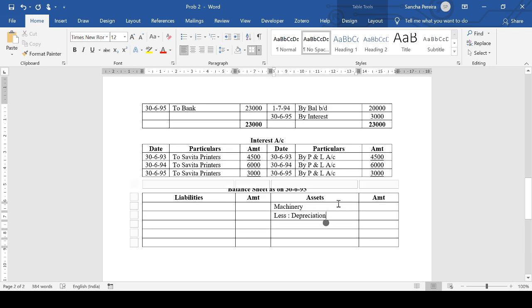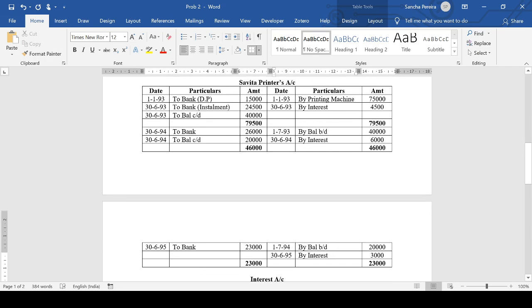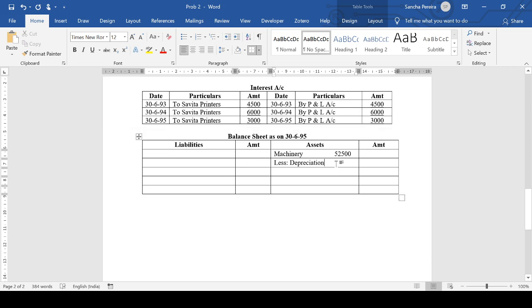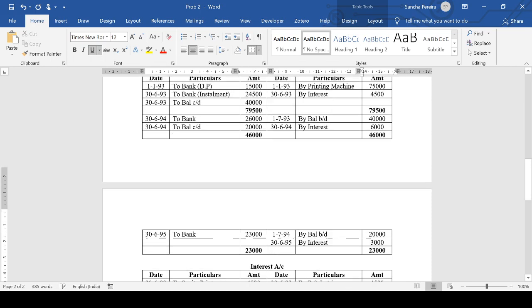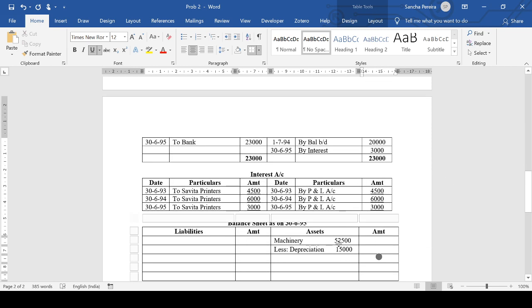So we're going to show here 52,500. And how much was the depreciation for that year? Depreciation was 15,000. So basically, the value of the machine at the end of 30th June 1995, we will get the same figure, 37,500. If you minus this 15,000 from 52,500, you are going to get 37,500.